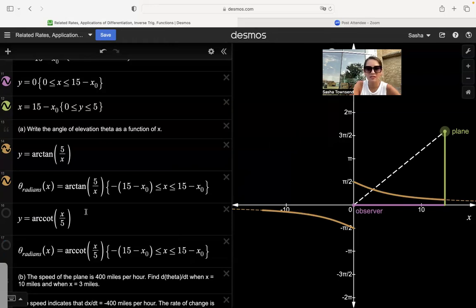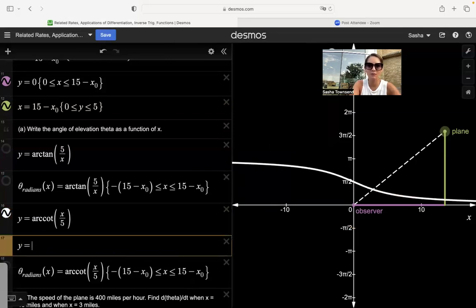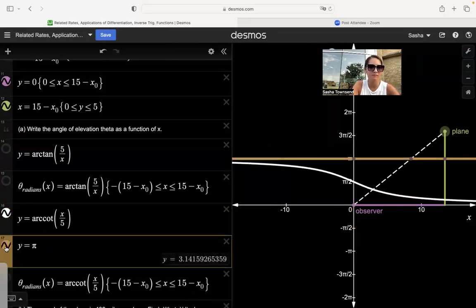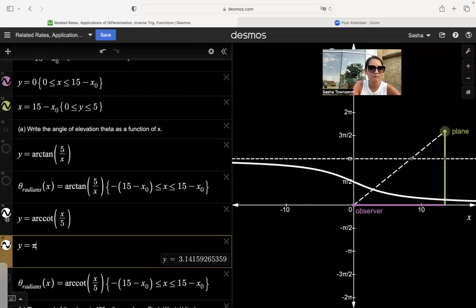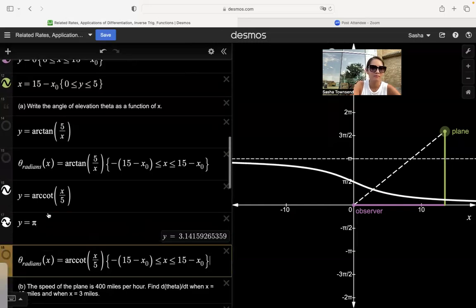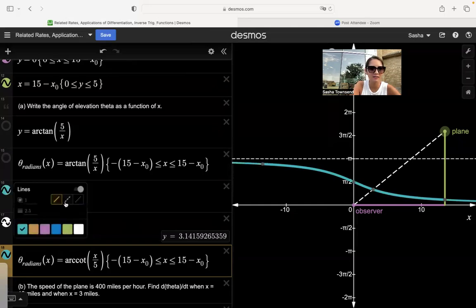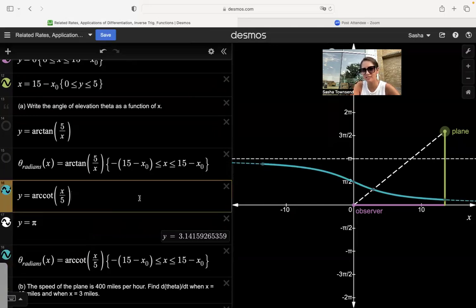But if I switch to the arccotangent, instead of having a range of negative pi over 2 to pi over 2, our function has a range of 0 to pi. So it looks like that. It has that horizontal asymptote y equals pi. And let's make that dotted. We don't want the whole arccotangent graph.